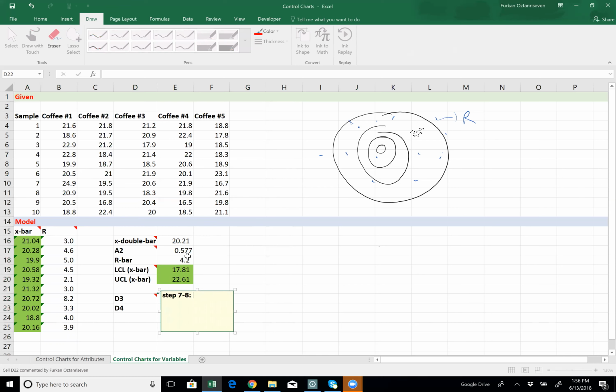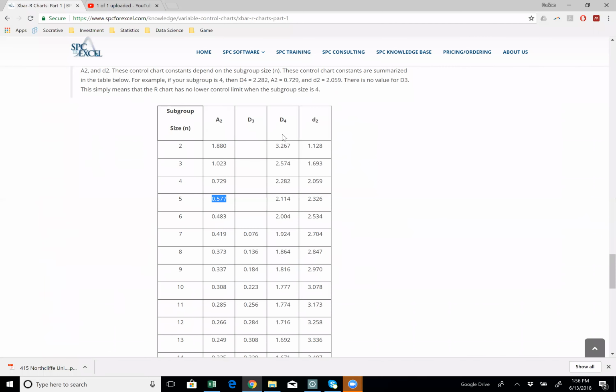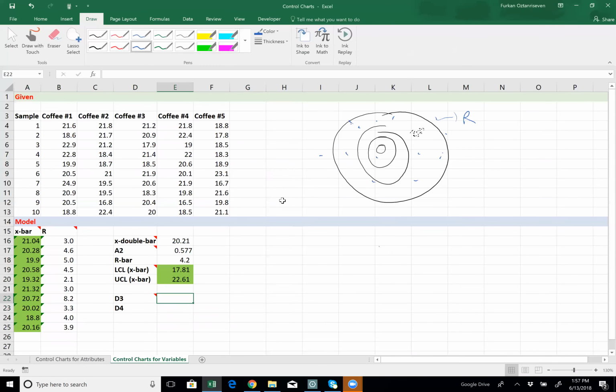So this is from a table. Let's take a look at our D3 and D4 values. D3 is nothing, so I will put 0. D4 is 2.114, and this one is 0.